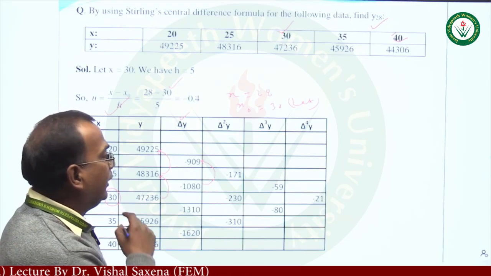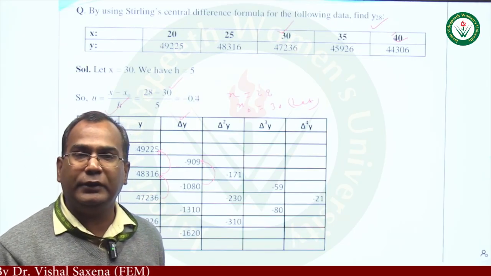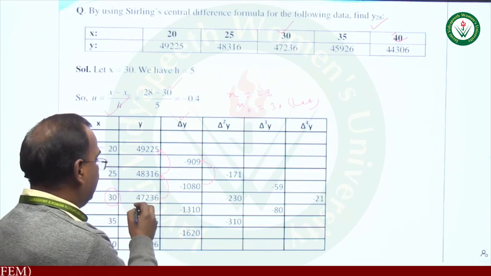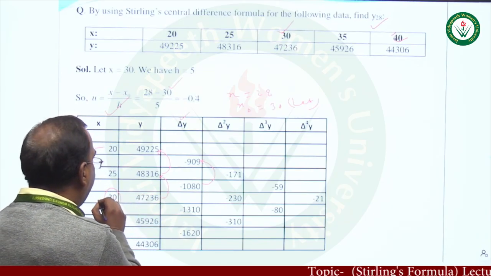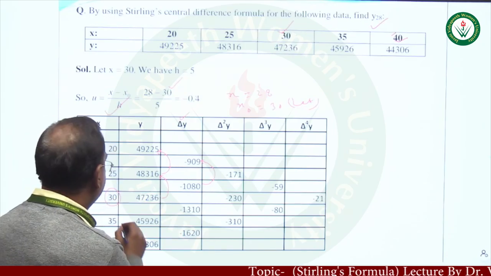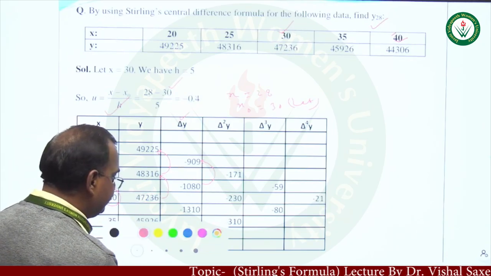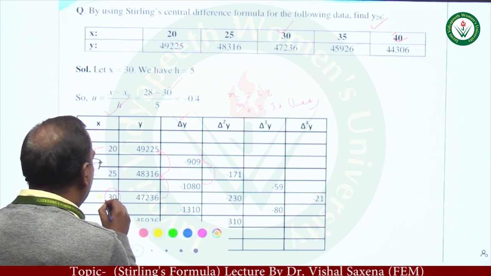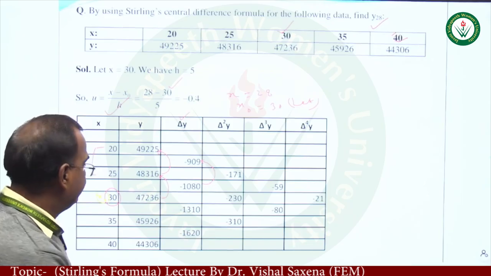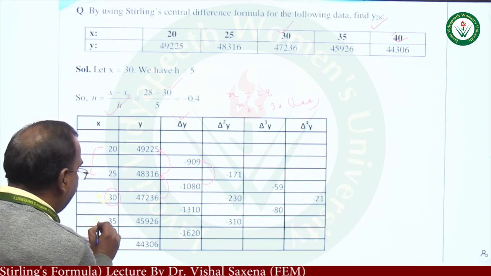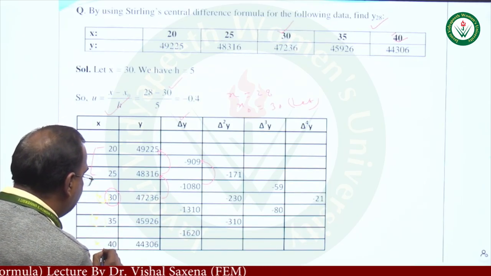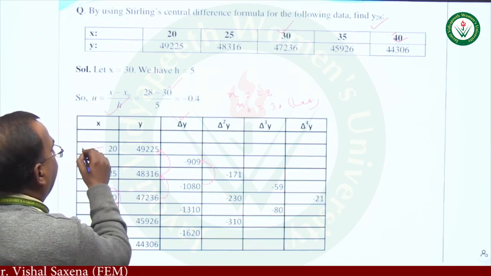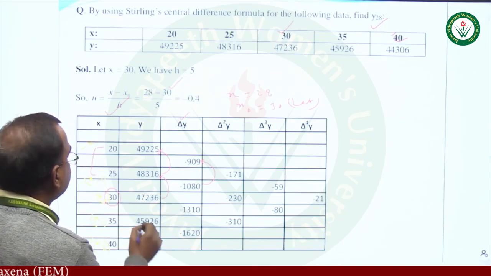Now here it is very important to apply Stirling's formula, the notations here. What I just told initially, I am taking this one as x naught. Then here it is x1, x2, x minus 1 and x minus 2.